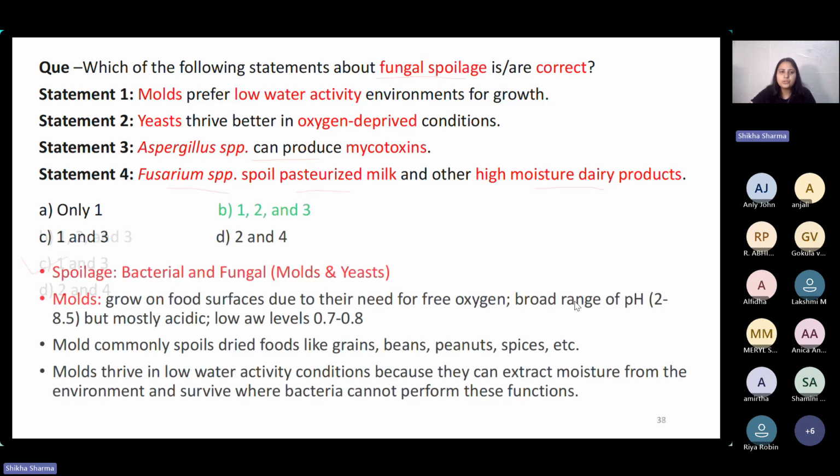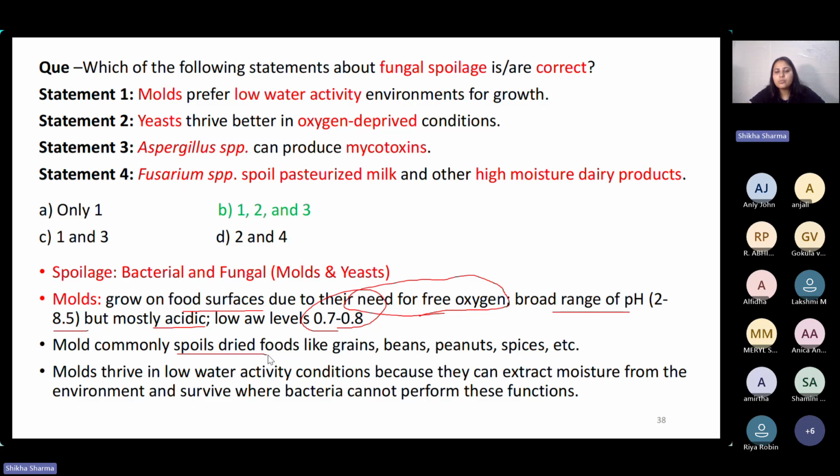Okay, we are discussing the solution part. So statements 1, 2, 3 are correct here because molds basically grow on the food surfaces because they need free oxygen. Also, they grow in a broad range of pH from 2 to 8.5, but mostly in the acidic, and also at low water activity levels, which is 0.7 to 0.8.